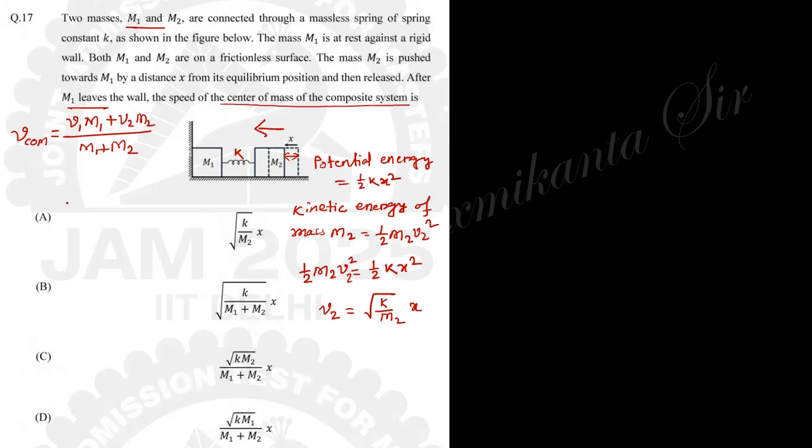Put this value here: v1 is 0, no velocity of mass m1, plus v2, root k by m2 into x, into m2 divided by m1 plus m2. So this gives you root of k m2 into x divided by m1 plus m2.